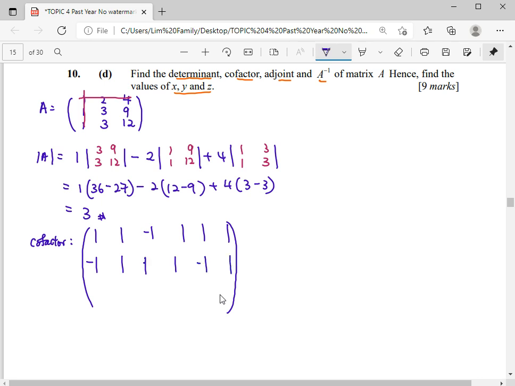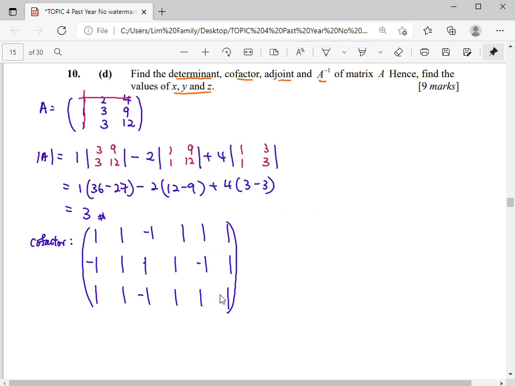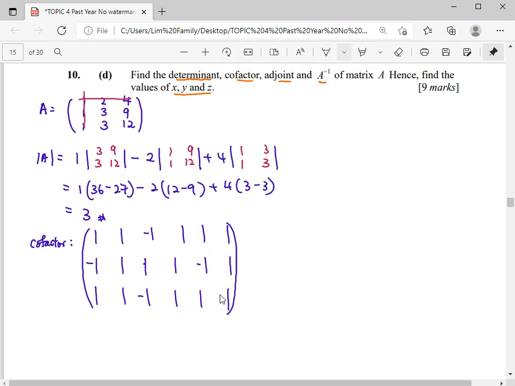Row 3 will be positive, negative, then positive. So put in the entries here. For the first row, it is the same as my determinant, copy and paste, and the vertical entries are 1, 1.